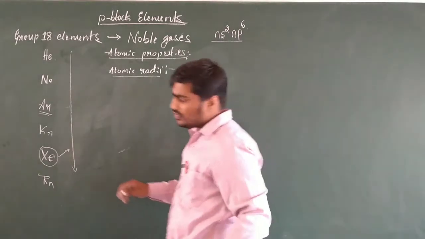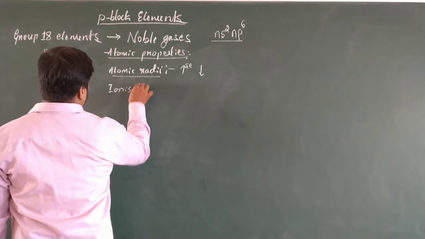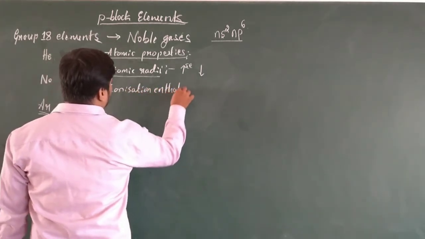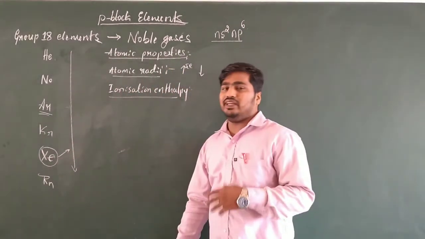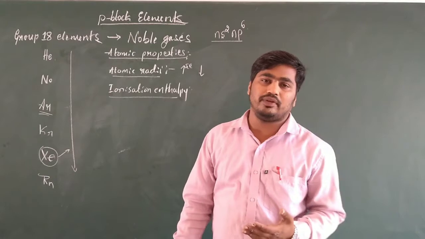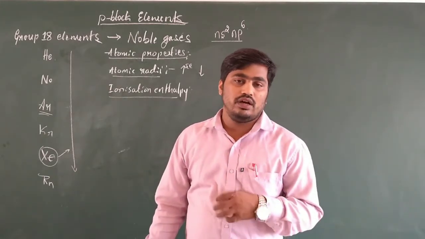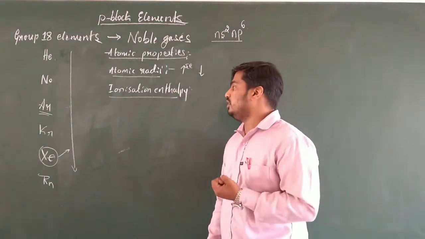Next, ionization enthalpy. The ionization enthalpy of this group completely depends upon the electronic configuration. All the noble gases show a completely filled electronic configuration. That means all are stable, and removal of an electron is difficult.